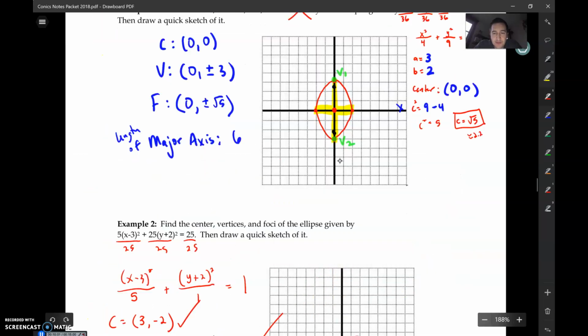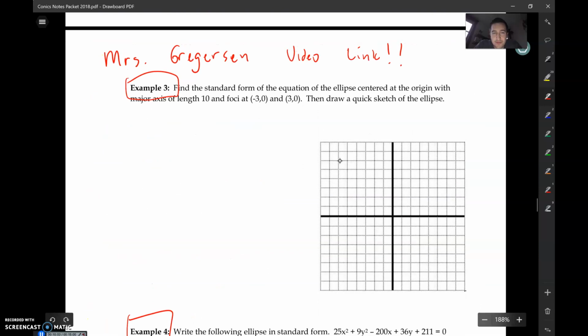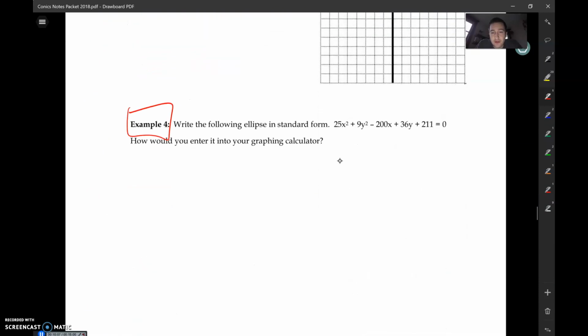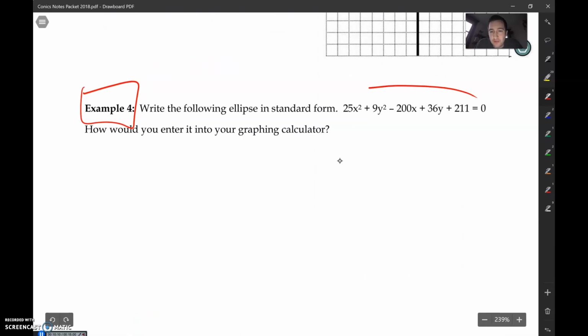So then really the last piece, and this is going to happen in Miss Gregerson's video, you better watch it, I'm telling you, because it does the first one where it's in this form. And we're going to practice more, but it's very similar to circles. You're going to move this 211 over to the right.